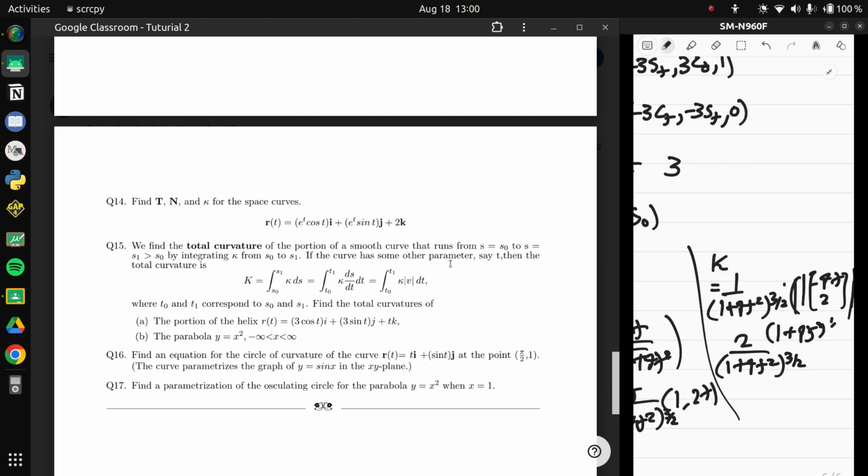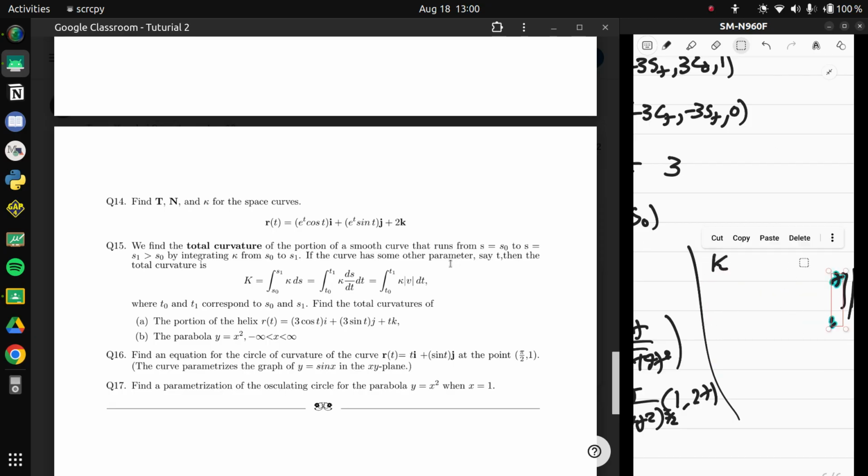So it basically cancels that. So just 2 upon 1 plus 4t square. Right. So you want to integrate this from negative infinity to infinity.